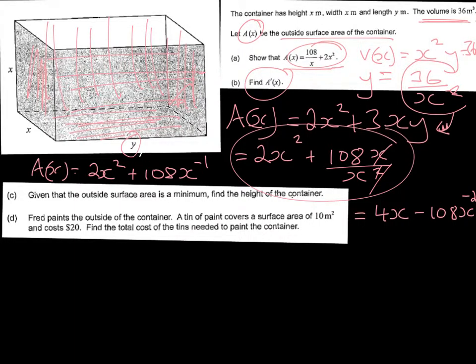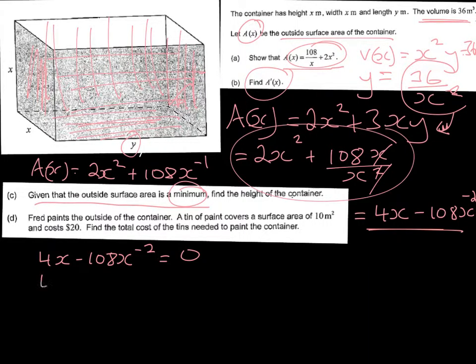In part C, we're told that the outside surface area is a minimum, and we're asked to find the height of the container. If we've got a minimum, then we know that the value of the derivative will be equal to 0. So we can set 4x minus 108x to the minus 2 equal to 0.